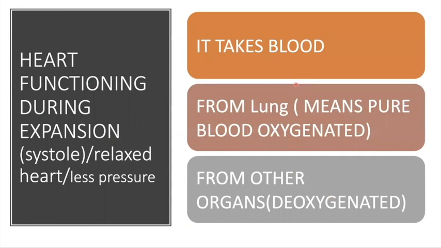So by now what we have started is that the heart function during the expansion, it takes in the blood. That means it is taking the oxygenated blood from the lungs and deoxygenated blood from the other organs. This phase is known as the diastole, and at this time the heart is relaxed, and the pressure exerted on the arteries or the vessels is comparatively less than the pressure exerted during the contraction.